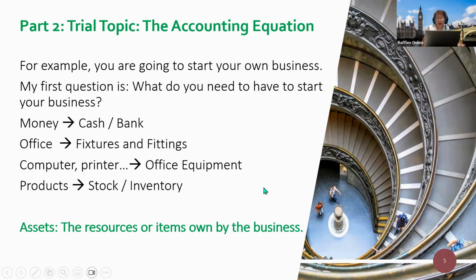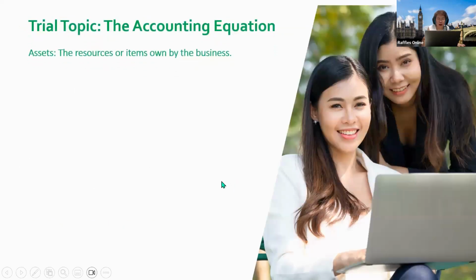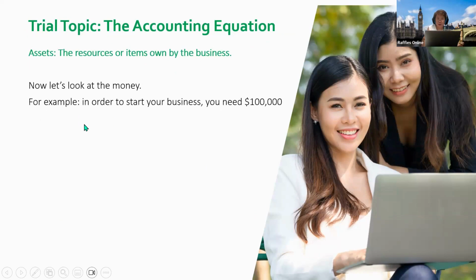Now let's move on and look at the money. Remember you are the boss. In order to start your own business, you need 100,000. But right now you have 60,000 in savings, so you still need another 40,000.